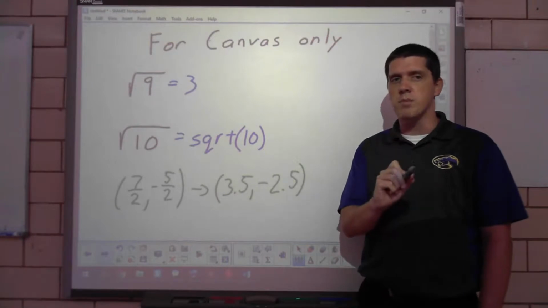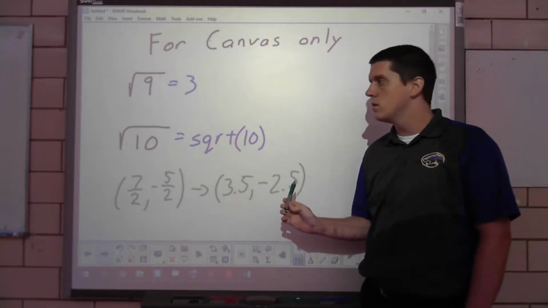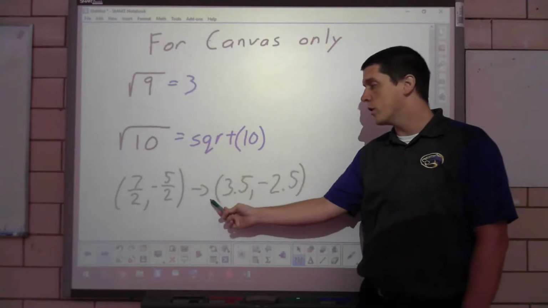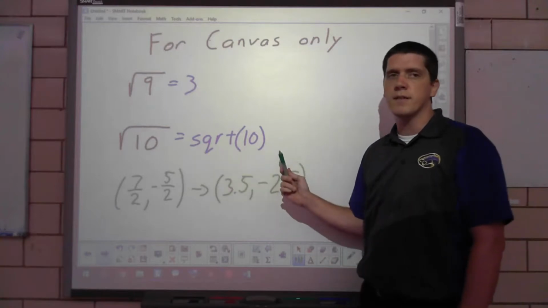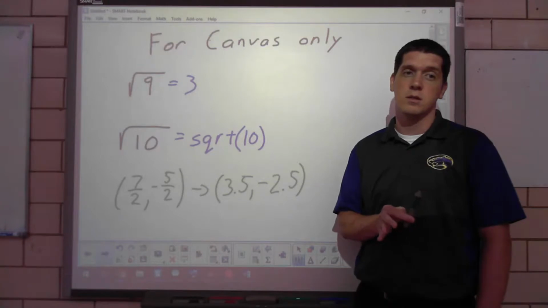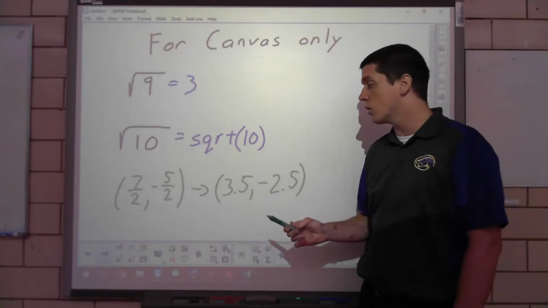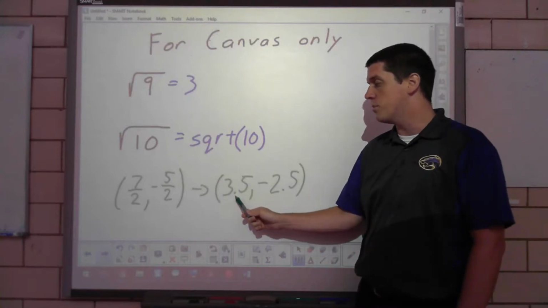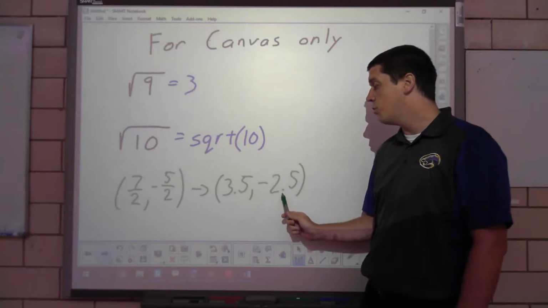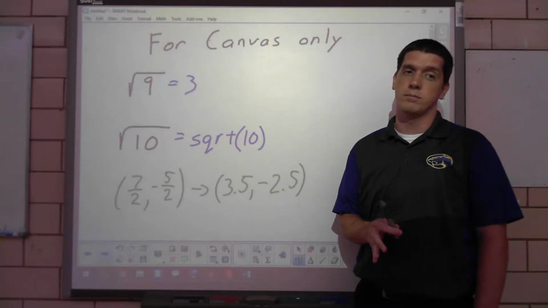For the sake of typing, don't leave any spaces. That's the other thing I'm going to say: when you're typing in that ordered pair, when you're typing in that square root, make sure that there are no spaces involved. Because if you were to hit parenthesis 3.5, comma, space, negative 2.5, close parenthesis, Canvas is going to count it wrong.